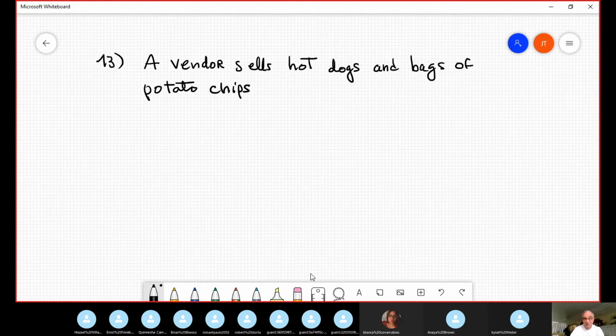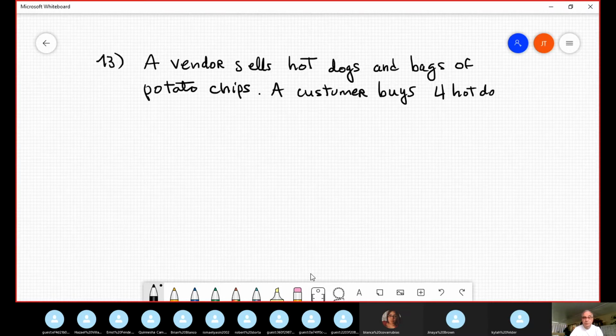This is the product. A customer, only one, buys 4 hot dogs and 4 bags of potato chips.